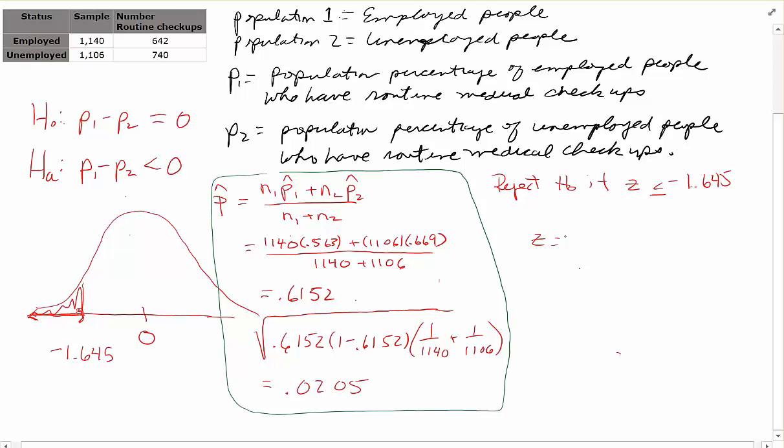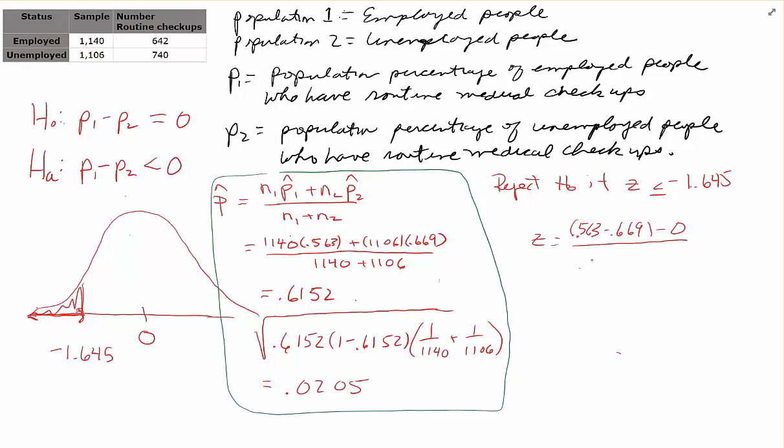It's based on my sample, and my sample difference is 0.563 subtract 0.669, and then I'm testing against 0, which we normally do when we're comparing two populations, and then divided by my standard deviation 0.0205, and I get a negative 5.17.